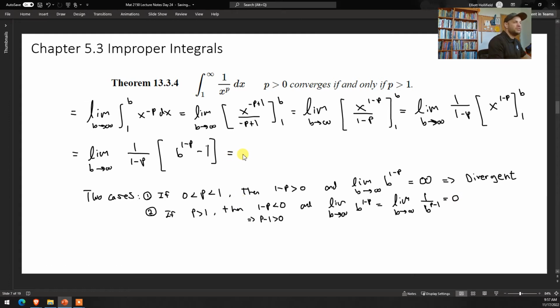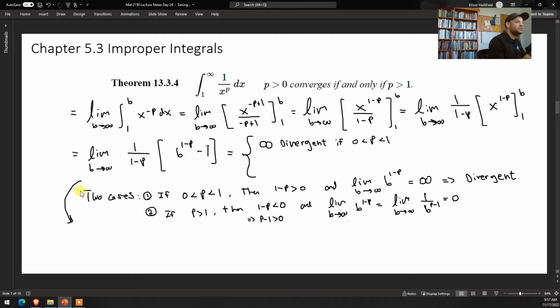And so now we can summarize. We get that this is infinity or divergent when the p falls in between 0 and 1. And let's see, what do we get in the other case? Let's come down here.